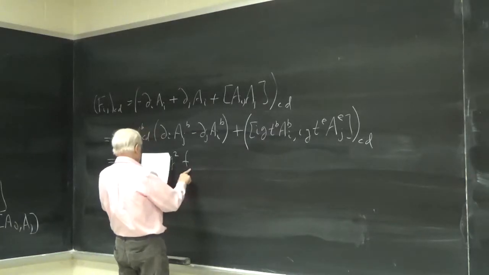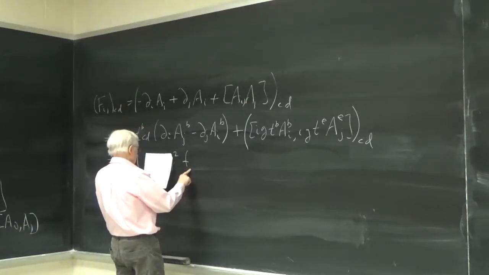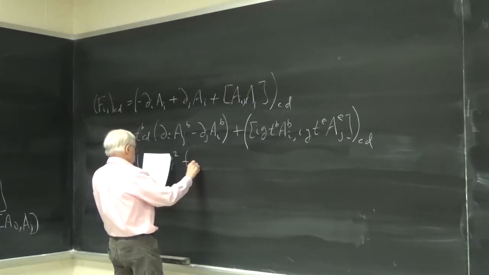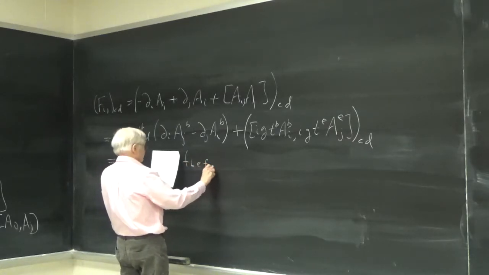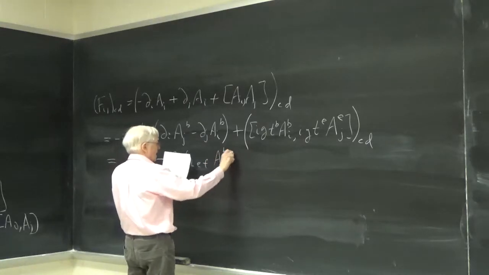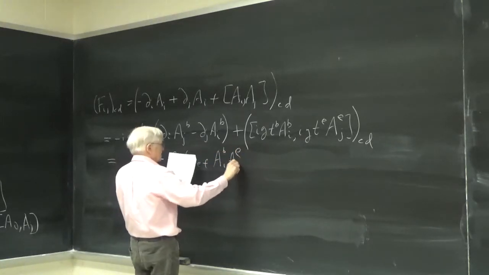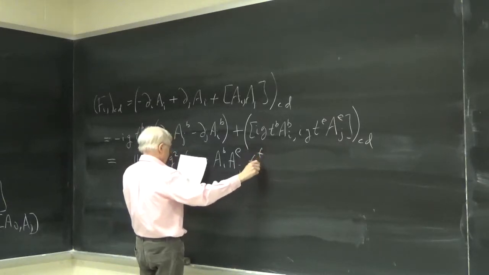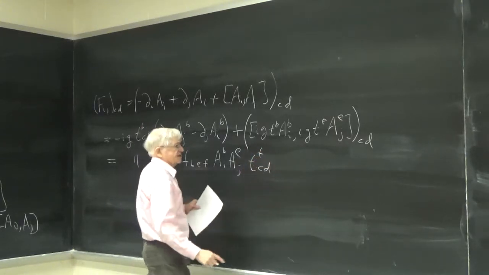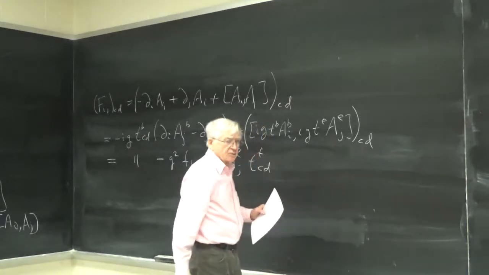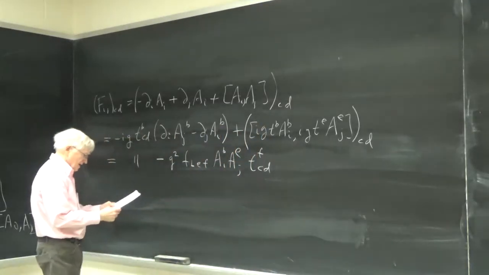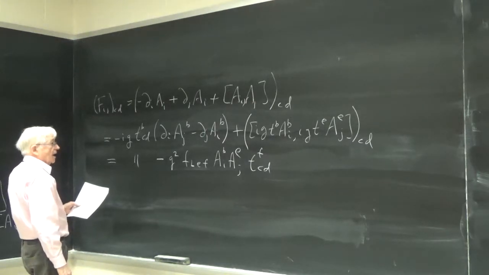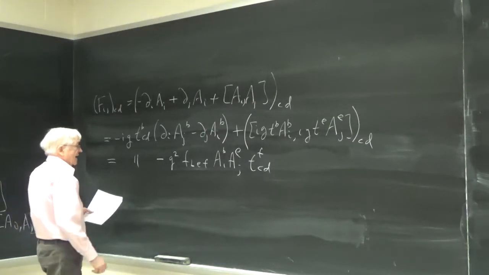So now this is F^BEF A^B_i A^E_j T^F_CD, CD being the CD matrix element there.